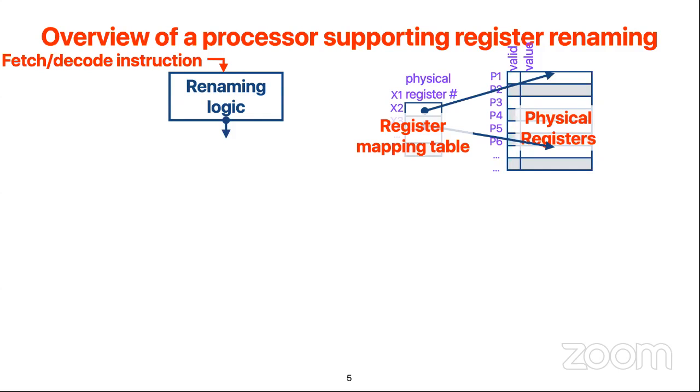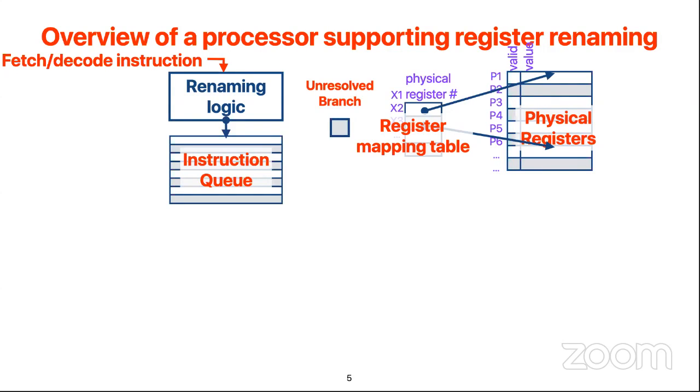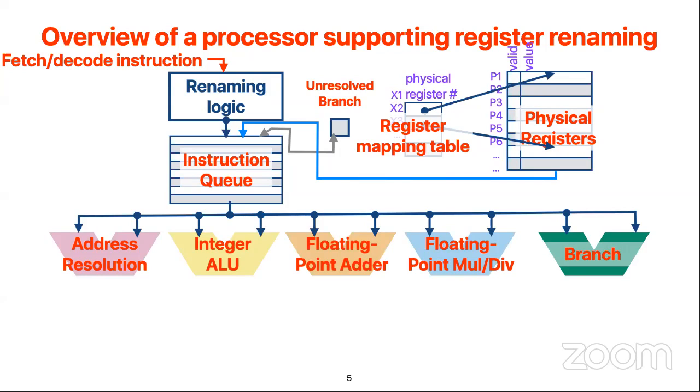In modern architectures, your processor will probably have 64 to 128 physical registers to use during instruction execution. After you rename these instructions, they are put into the instruction queue. Whenever the physical register value is ready, it informs the instruction queue to send an instruction to execution in one of the pipelines shown below.